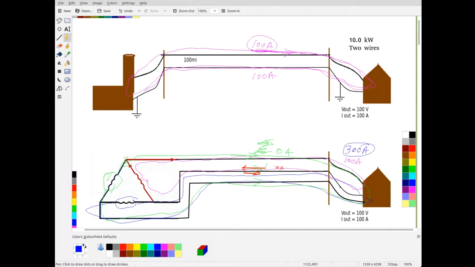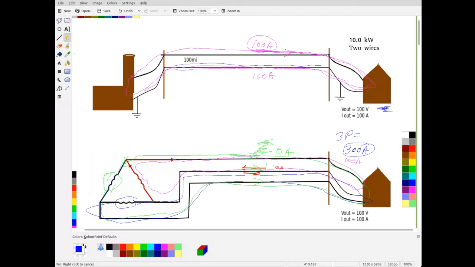So I'm actually getting 300 amps, or 3 times the amount of power.